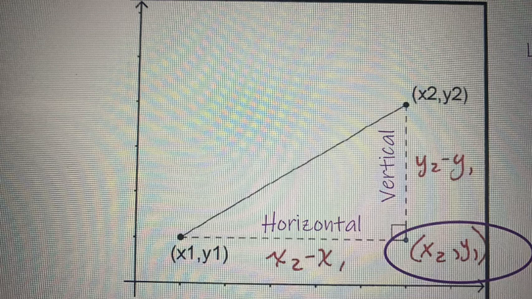So the horizontal leg is from x sub 1 to x sub 2, and the vertical leg is from y sub 1 to y sub 2. So I can find the distance of the horizontal leg by subtracting x sub 2 minus x sub 1, and the vertical leg by subtracting y sub 2 minus y sub 1.